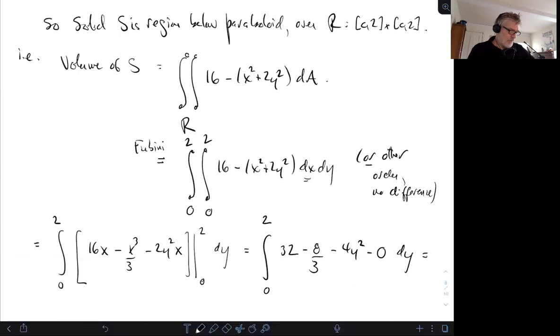When I'm computing the first integral here, I'm integrating with respect to x. I use the fundamental theorem. y is just a constant, but I'm evaluating all x's at 2, all x's at 0, and subtracting. So no, you can't have any x's left.